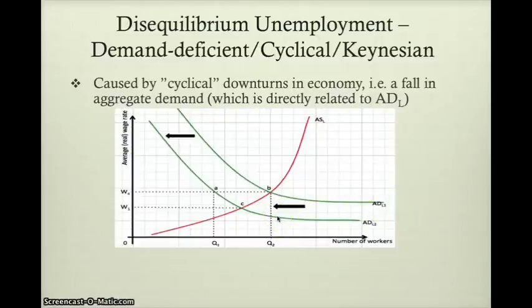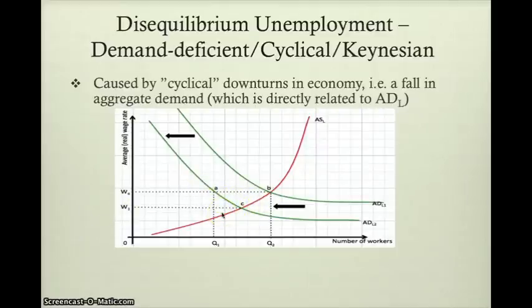The interesting thing to note in the diagram is the fact that the wages actually remain at WE here. So the unemployment actually increases quite a bit from B to A, rather than finding an equilibrium at the wage level of W1.